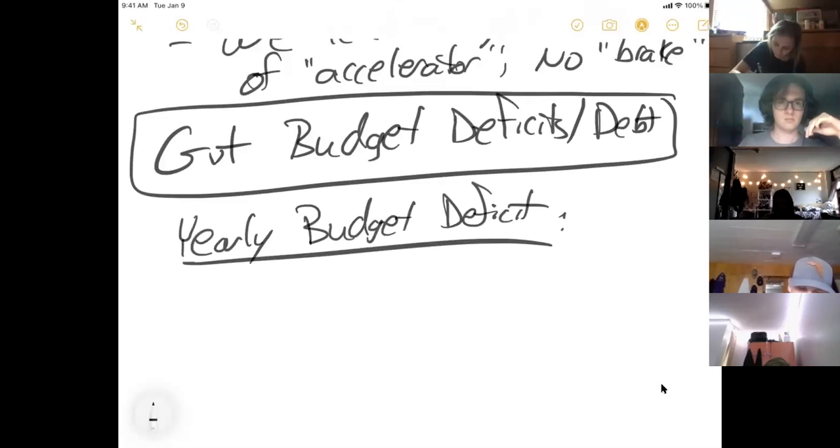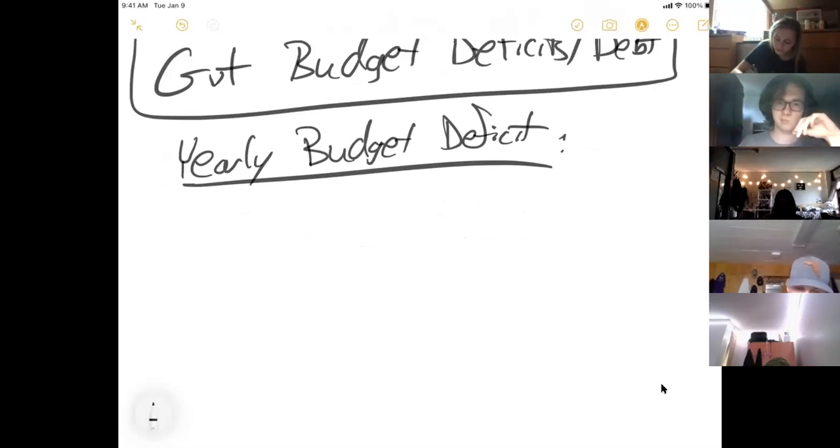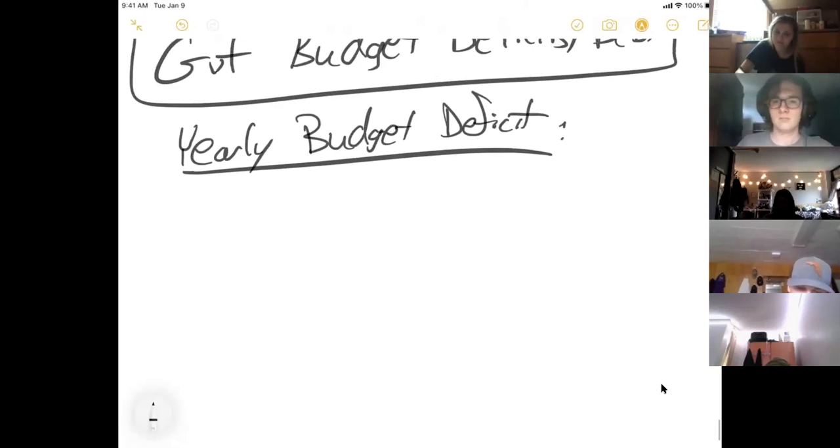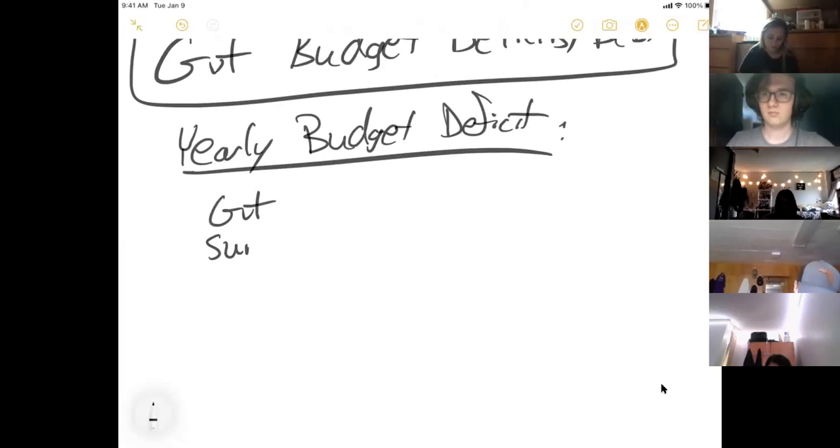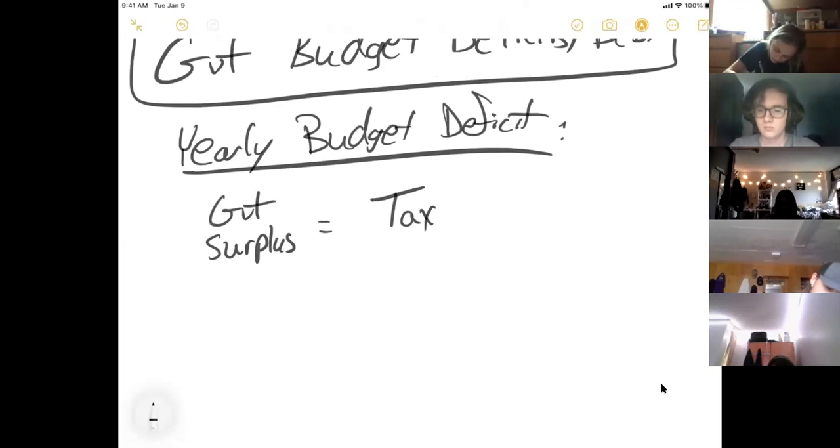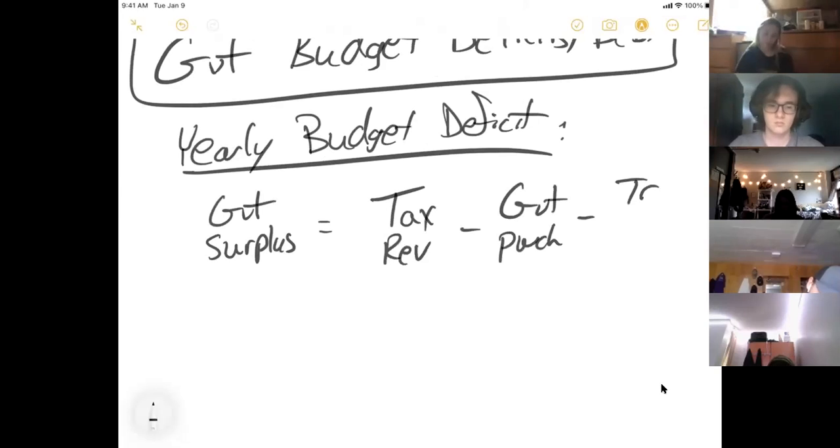Let's first off distinguish between the deficit and the debt. The deficit is the yearly borrowing, right? The yearly borrowing. So we would think about the government surplus as being tax revenue minus government purchases minus transfer payments.